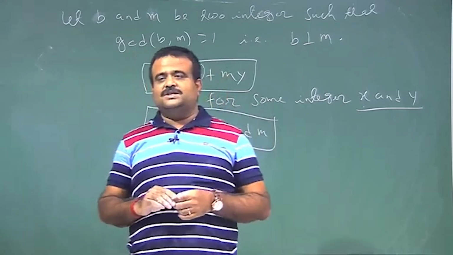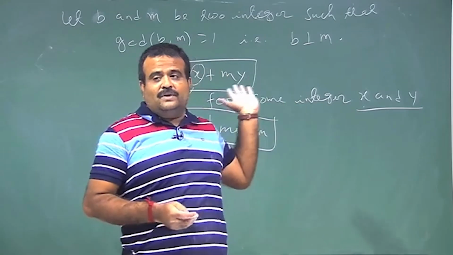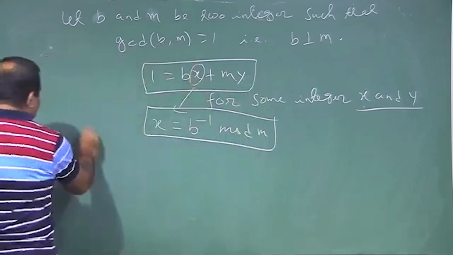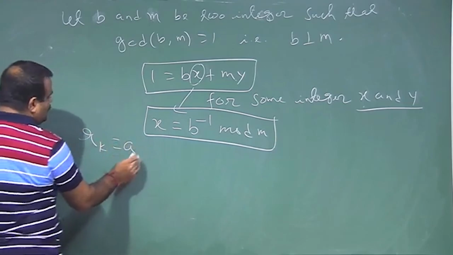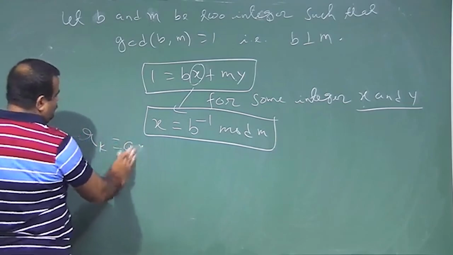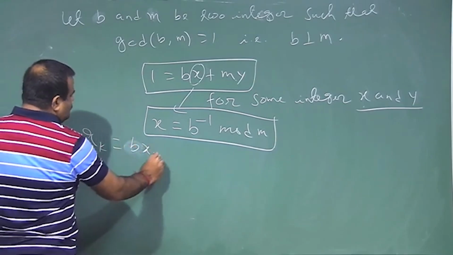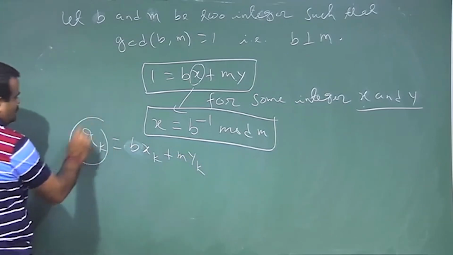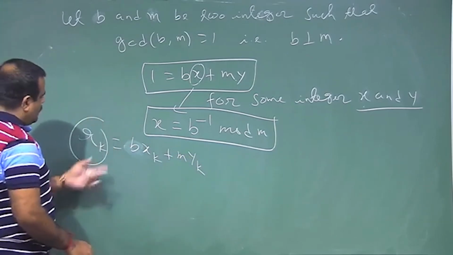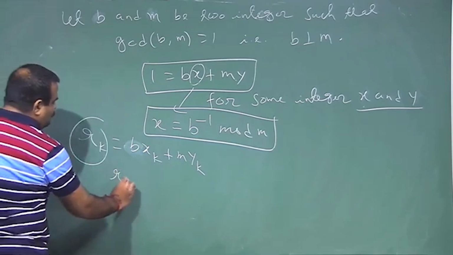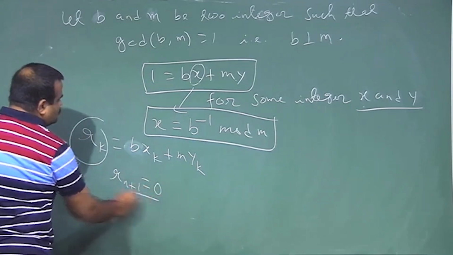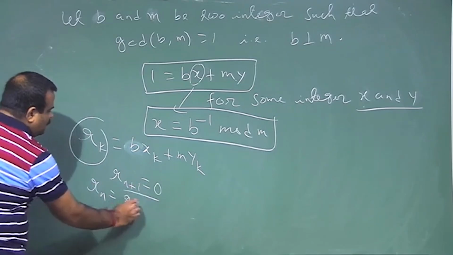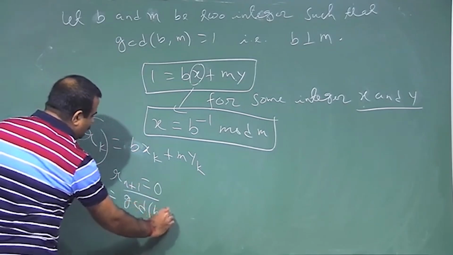Now, if the GCD is 1, every time we are maintaining this x and y. Because R_k is basically a x_k, with a being different here, so b x_k plus m y_k. Every time we are calculating this R_k. Okay. Eventually R_{n+1} is 0, so that means R_n gives us the GCD of b and m.